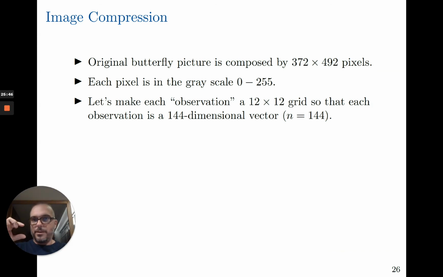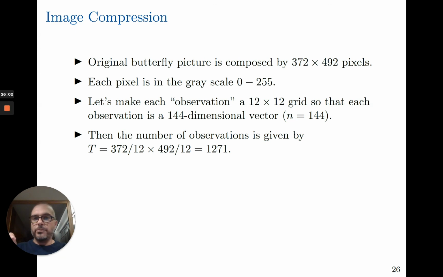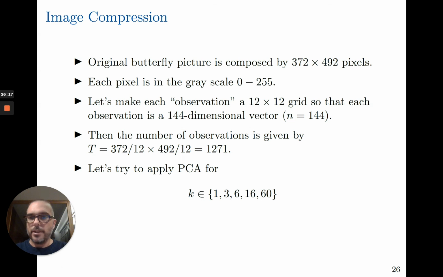So let's make each observation a 12 by 12 grid, so that each observation is a 144 dimensional vector. So we have n equals 144. Then the number of observations, when we divide the pixels and stack everything, T, is 1271.